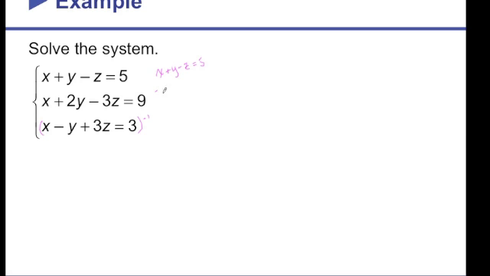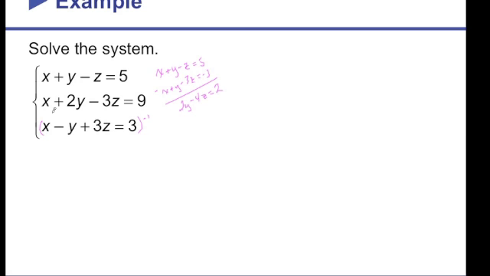So negative x plus y minus 3z equals -3. The x's go out. We have 2y minus 4z equals 2.